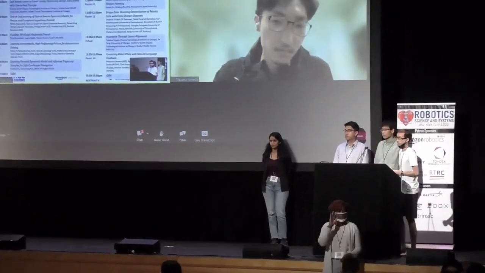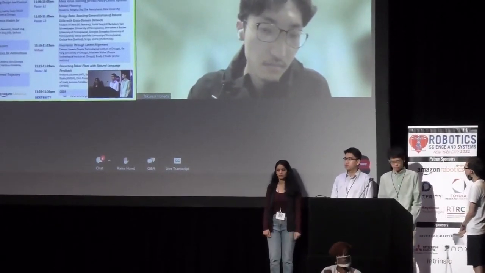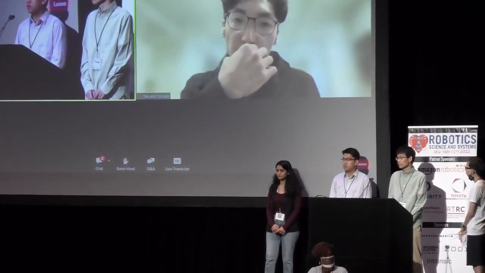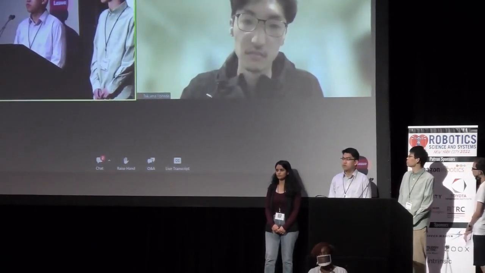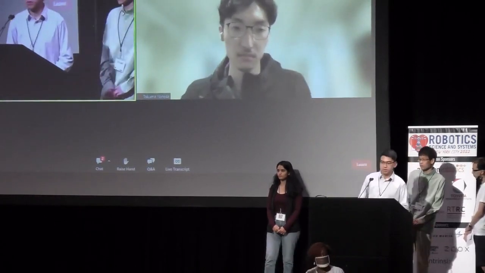Hi, I have a question for the second paper, the bridge data. When you do the new task, how does it work with the one-hot encoding with the task? Because I saw that you have a one-hot encoding for the task to go into the network, right? So for a new task, how does that work?